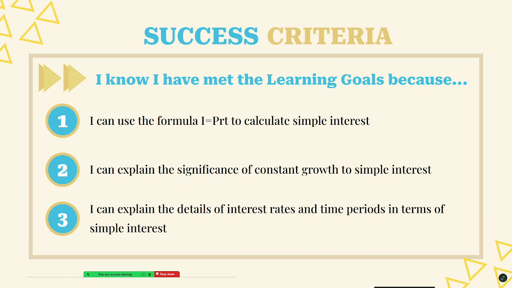If by the end of the lesson you can't say you can confidently use the formula I equals PRT, or you can't explain the details of interest rates and time periods in terms of simple interest, then please reach out to me. You can go back and watch the recording, try it again. If it's still not making sense, please contact me so that I can put it in another way to help you grasp the concept, as again, you're going to need to know how to do it in order to be successful for not only these key questions, but the lessons to follow.